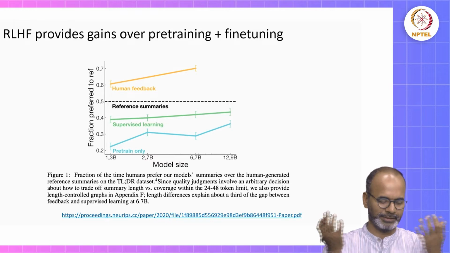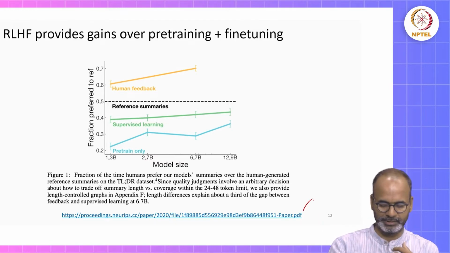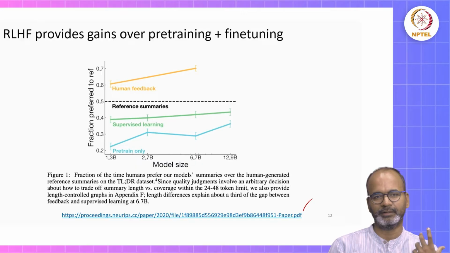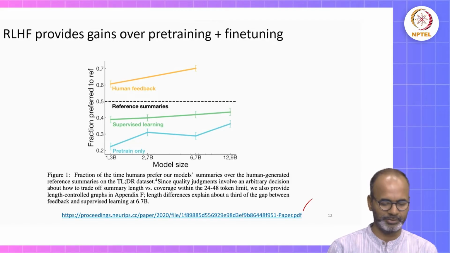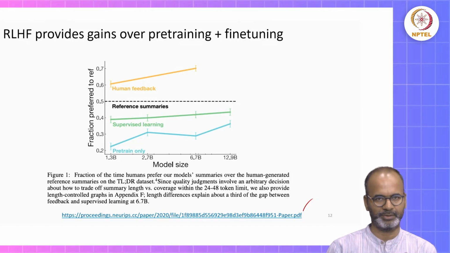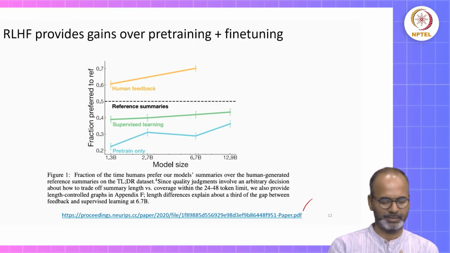So here are the statistics again. The paper link is here. The idea is to compare summaries generated using human feedback, versus supervised learning or the pre-trained model only. Which summaries are better? That's the goal.